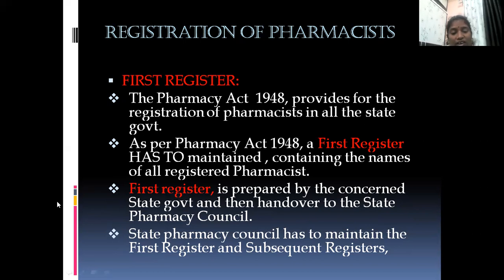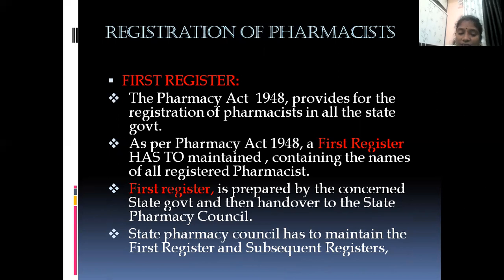Next, the state pharmacy council has to maintain the first register and the subsequent registers. In any subsequent registers, they have to sign their names, their signatures, all those things.